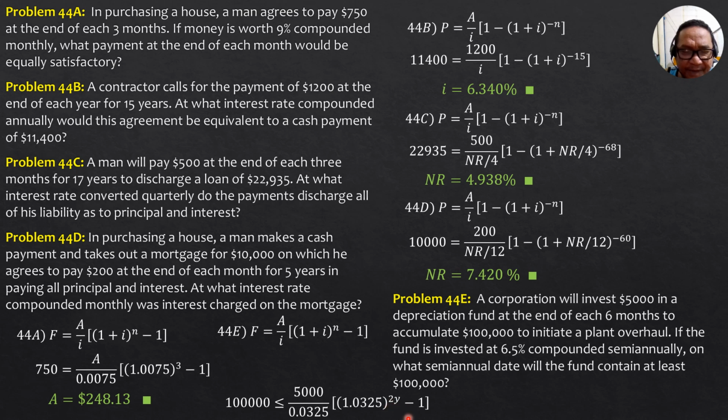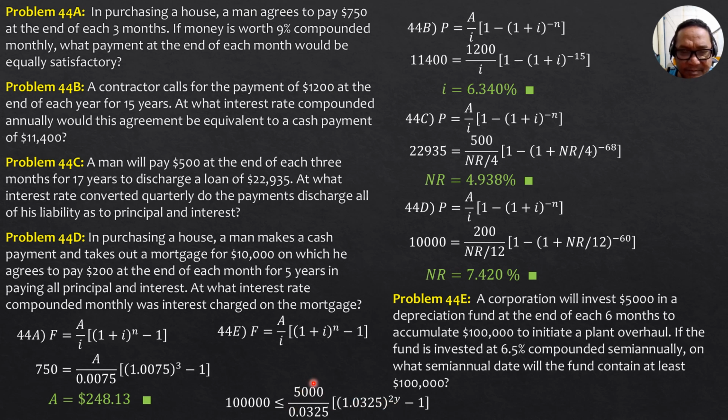To solve for y, we have 100,000 times 0.0325 divided by 5,000, then plus 1. Then you take ln of that value divided by ln of 1.0325, then after that, divided by 2. So solving for y, you do not solve this by shift solve.